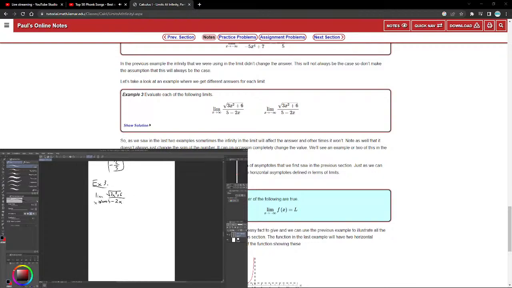All right, so first step. That square root's kind of annoying.